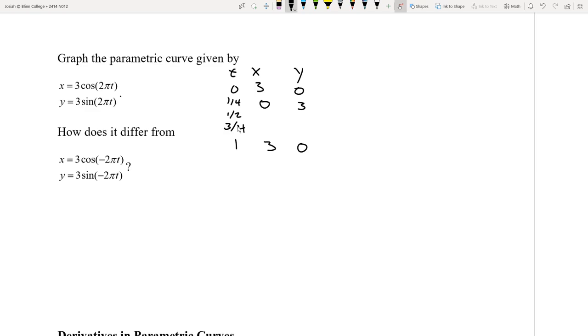1/2 here, I plug that in, I get pi as my angle. Cosine there is negative, so I get -3, 0. And then likewise, when I plug in 3/4, I get 3 pi halves on the inside. I get 0, -3. So if I were to graph that, I end up with the first point at 3, 0, then 0, 3, negative 3, 0, 0, negative 3, and then I actually go back to the beginning.